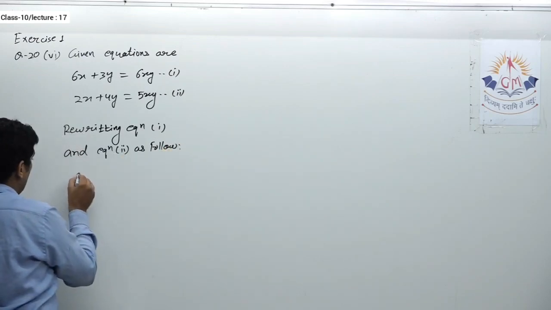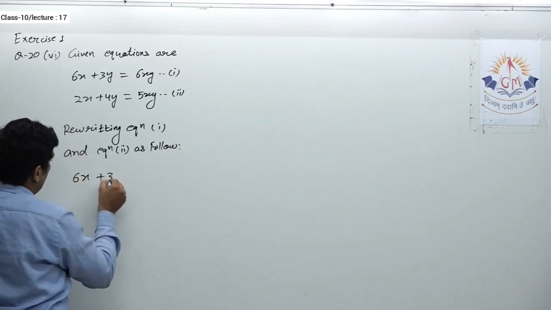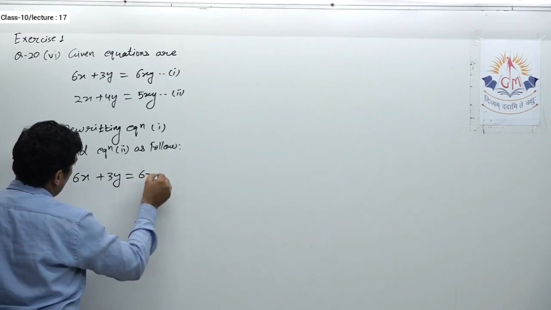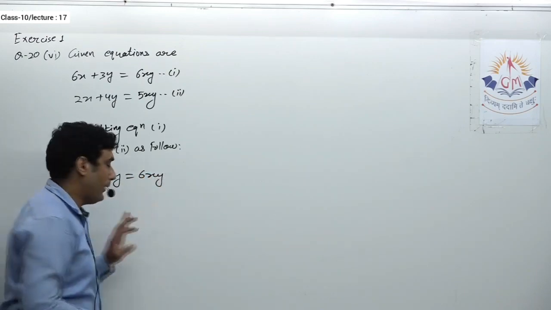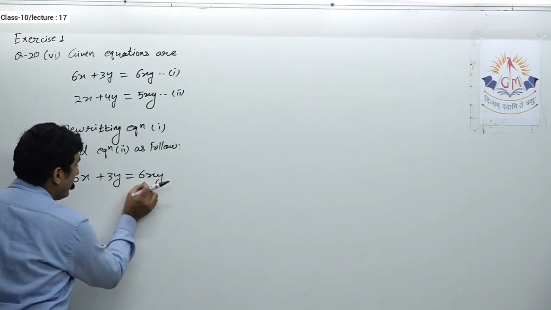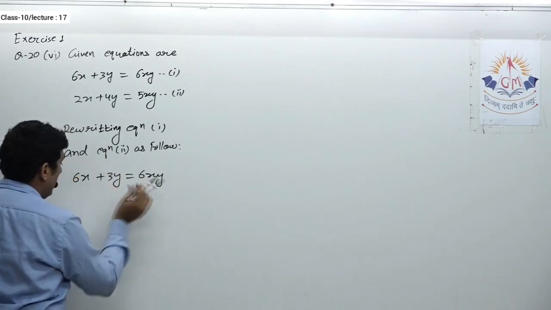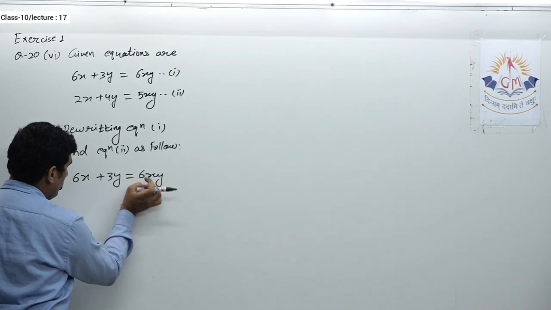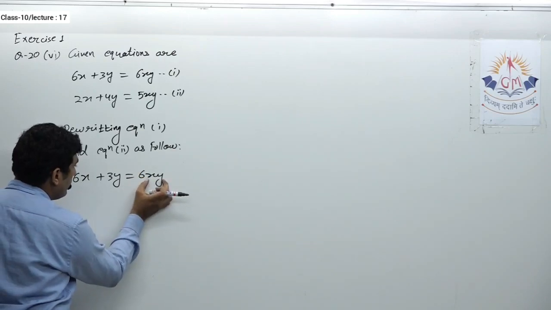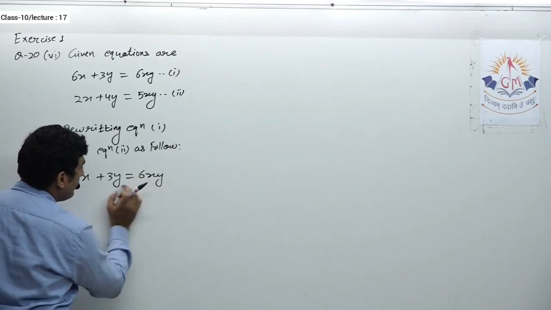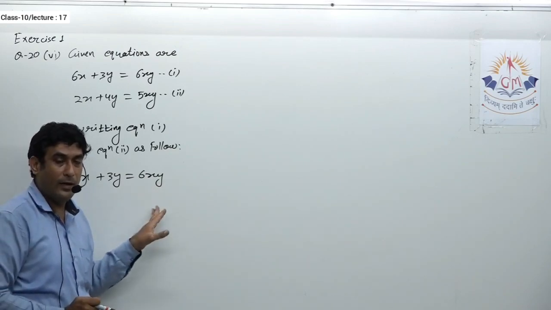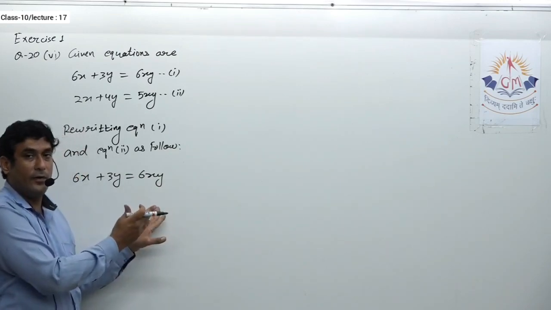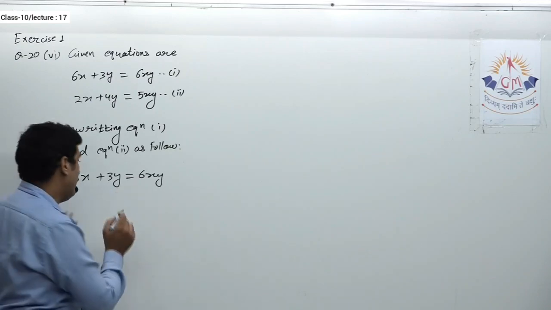See, here we have 6x plus 3y is equal to 6xy. So we divide throughout by xy, so that on the right we get only a constant. As we divide by xy on the right hand side, definitely we have to do the same on the left hand side.